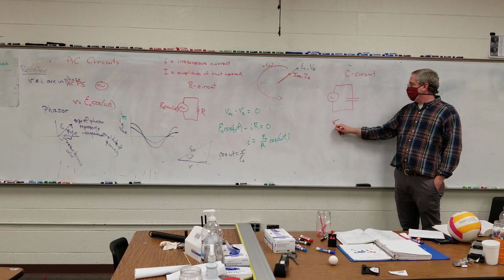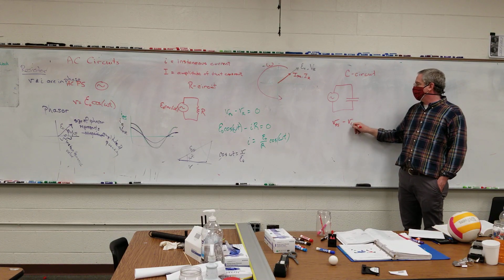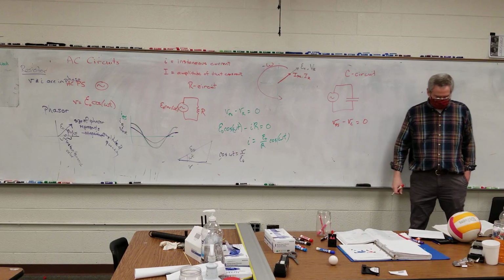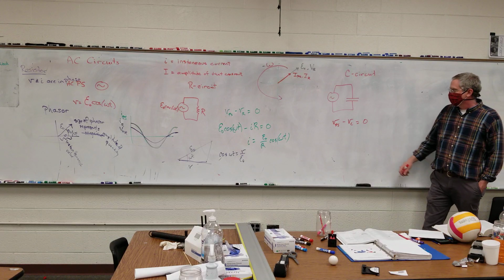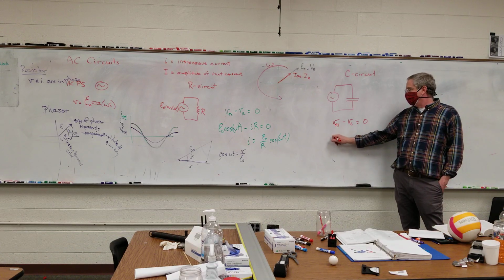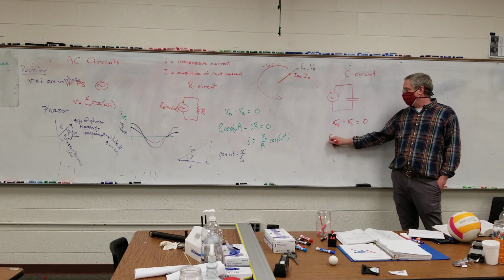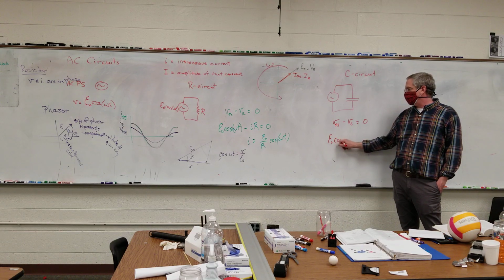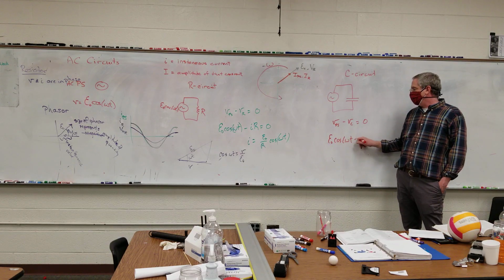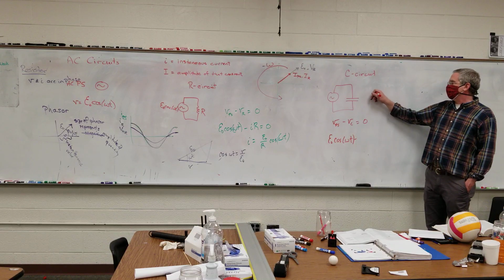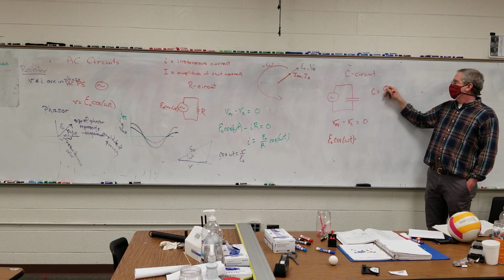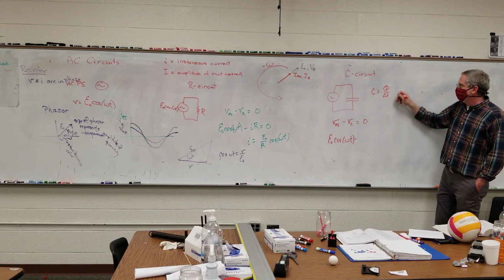So voltage from the power supply minus the voltage from the capacitor is 0. So epsilon sub naught cosine omega t minus voltage from my capacitor. Well, the same basic rule applies, that my capacitance is Q over delta V. Think of that as the model.